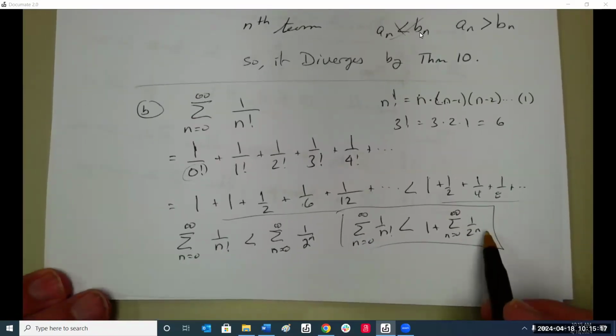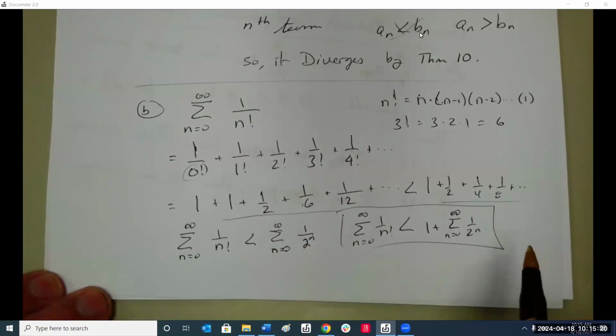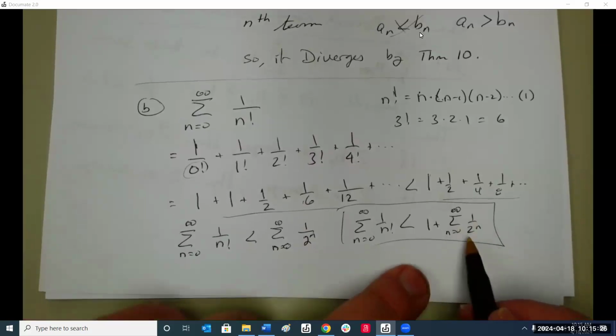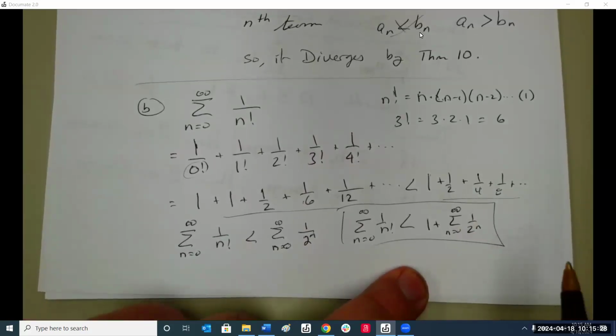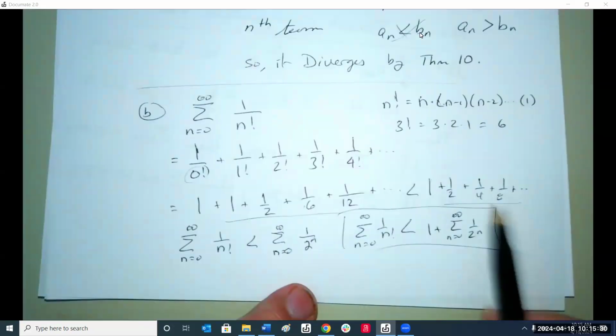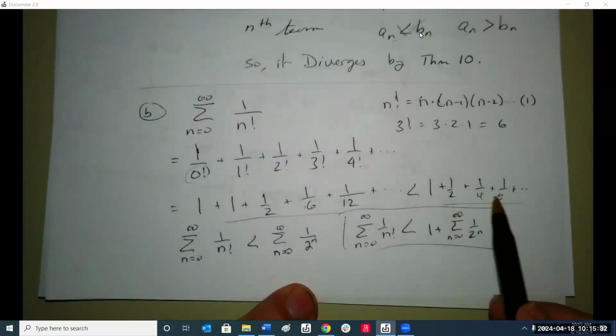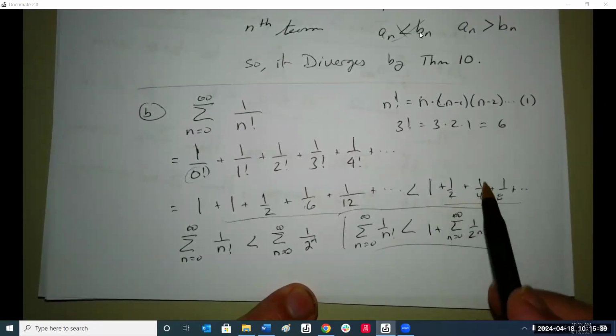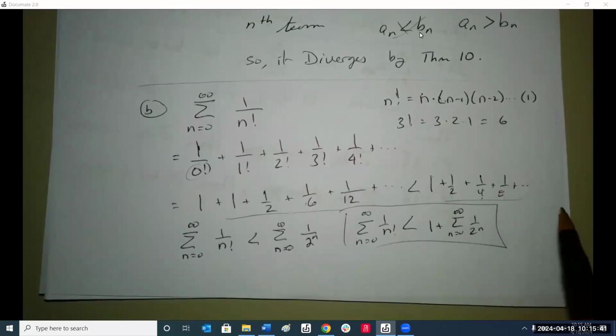We know the series of 1 over 2 to the n converges. As we see what we have here, this is 1 plus a half, plus a half squared, plus a half cubed.